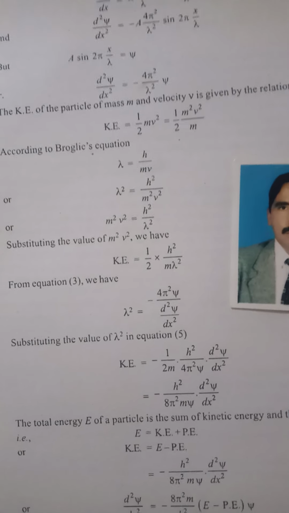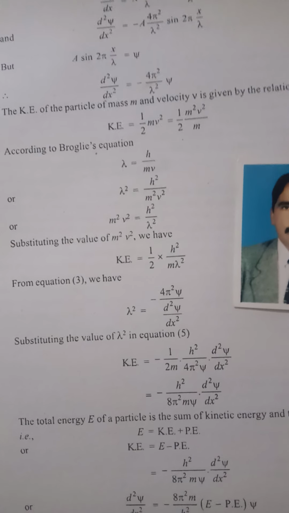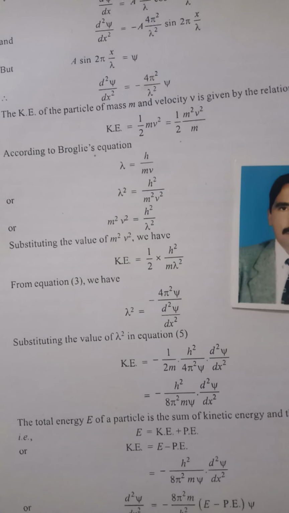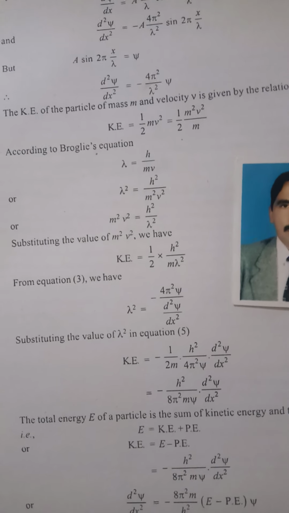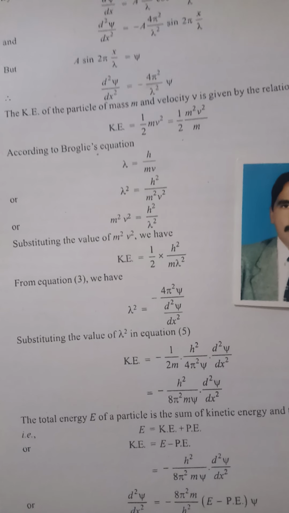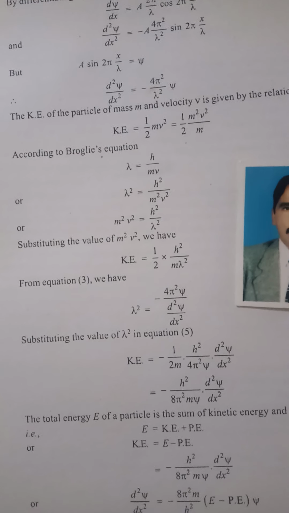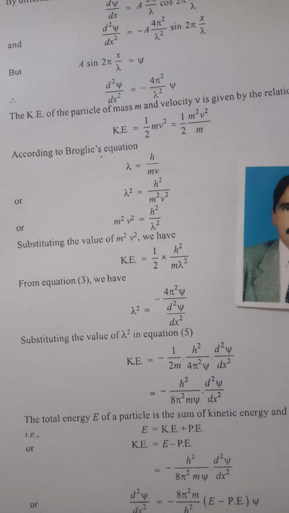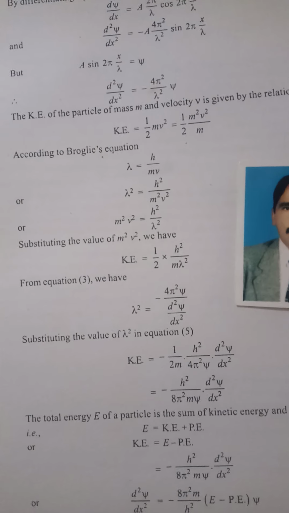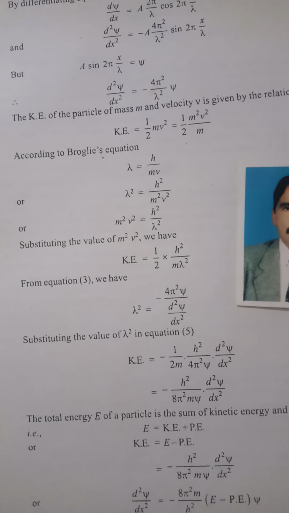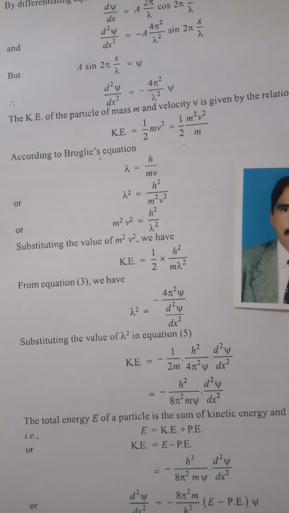Similarly, from the third equation, if we want to determine lambda square, the equation rearranges to lambda square equal to minus 4 pi square psi divided by d square psi over dx square.